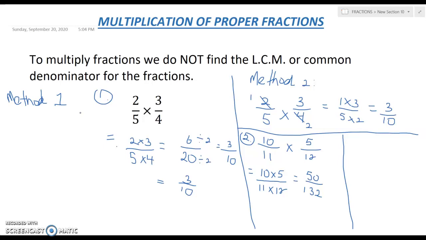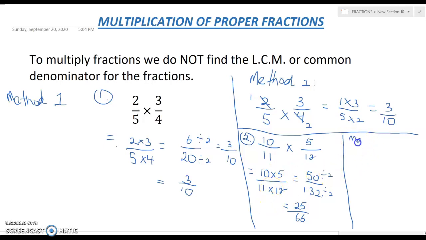So 50 is an even number and 132 is an even number. So the smallest number that can go into it is 2. When we say 50 divided by 2, we get 25. And 132 divided by 2, we will get 66. And that will be our final answer there, right? So this is method 1.